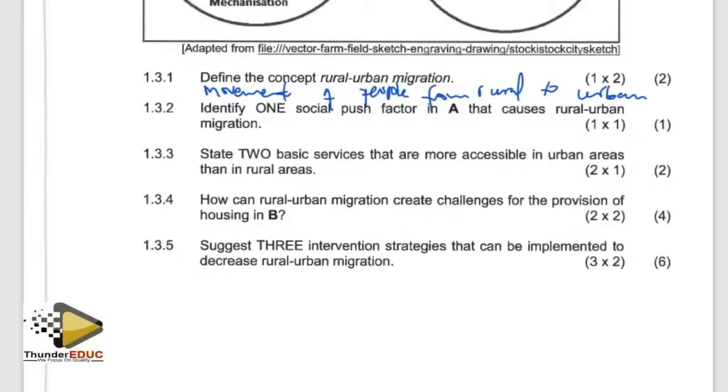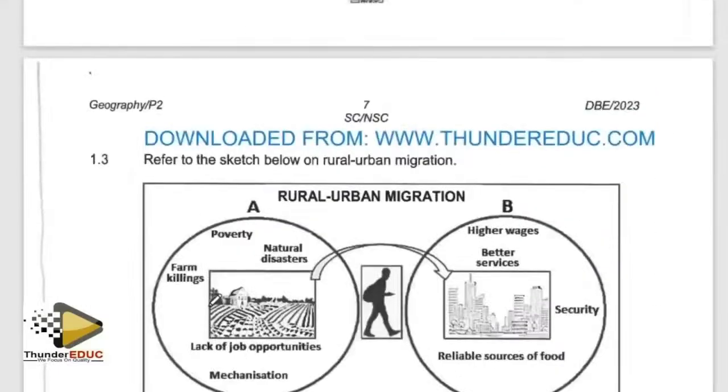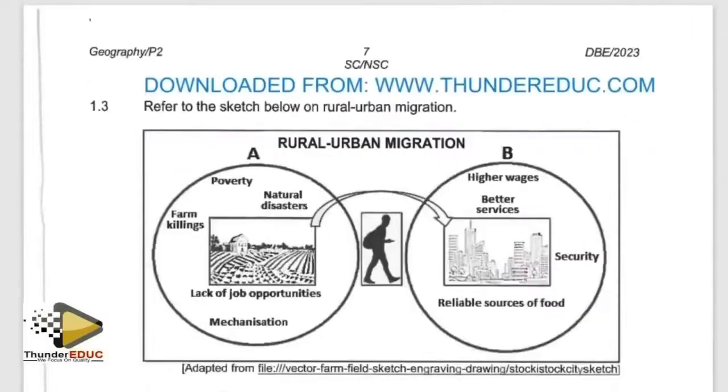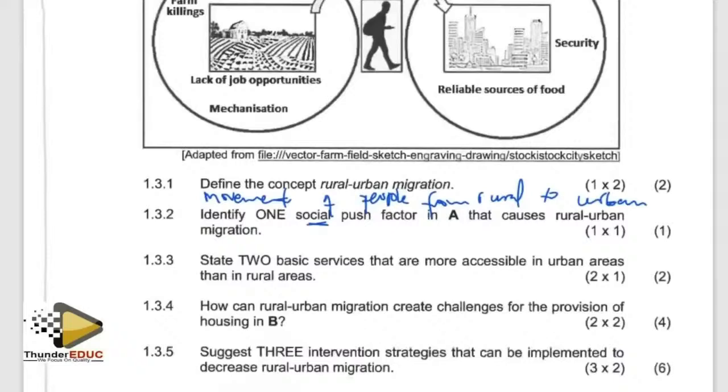What is it? Push, but they want only social. That is identified in the factor push social factor in A. So when you look at A here, which one is social? Obviously, the one that affects people's life directly is poverty.